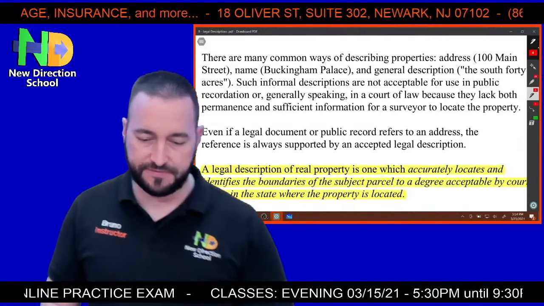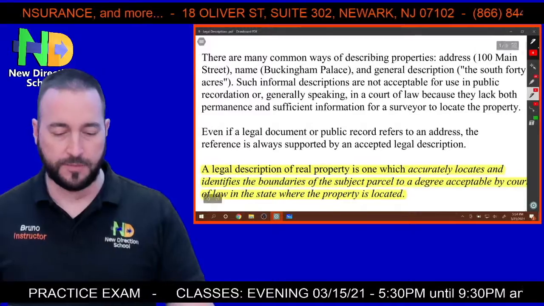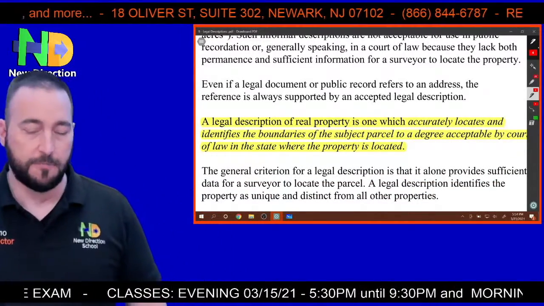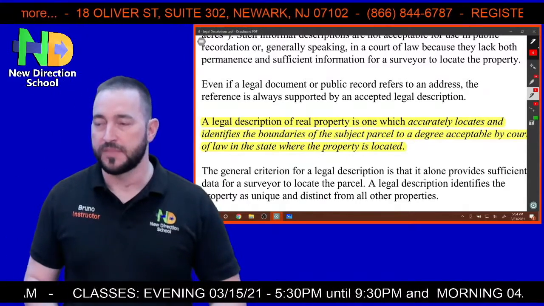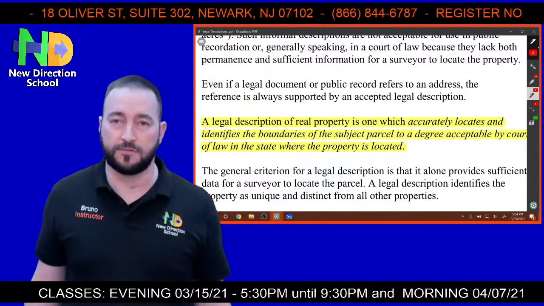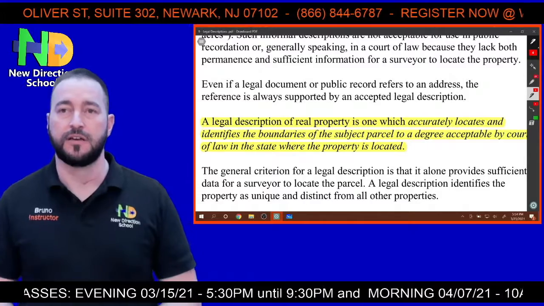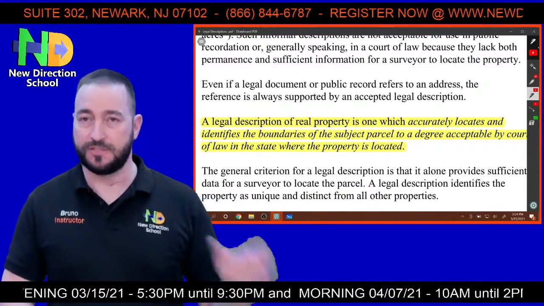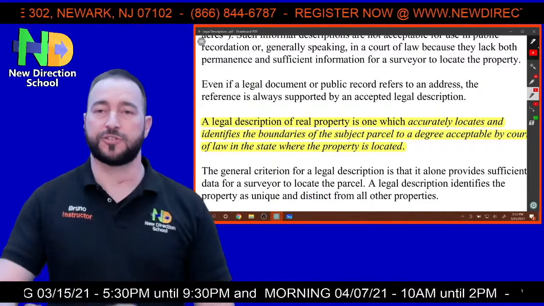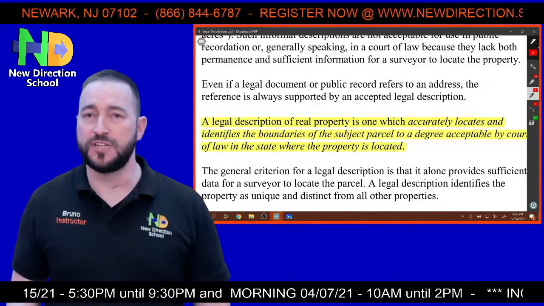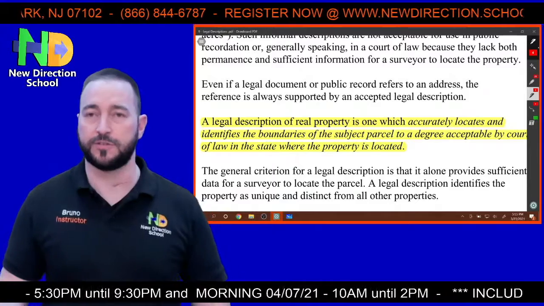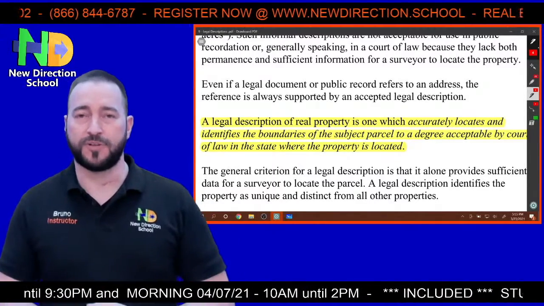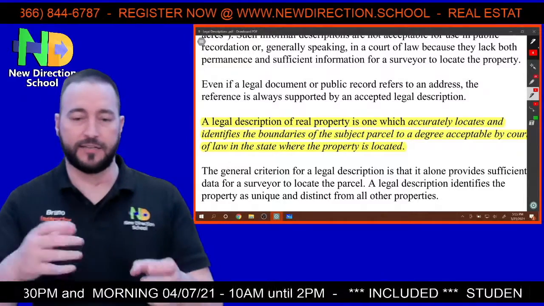Now, even if a legal document or public record refers to an address, the reference is always supported by an accepted legal description. So if you own a home right now, you can check your deed, and it says 100 Main Street. That's just the address. Then there's another page that says Schedule C, for instance, or Schedule A, depending on the document, that gives the actual description of the property, for instance the block and lot, which we're going to talk about.